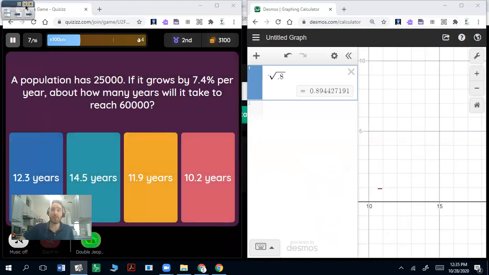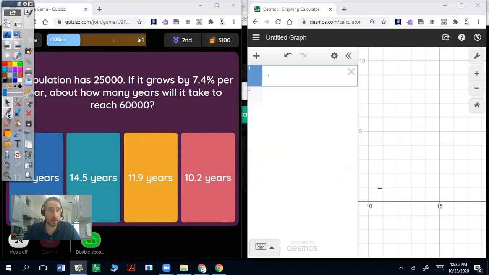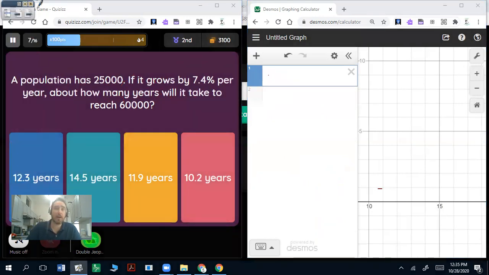A population has 25,000. If it grows by 7.4% per year, about how many years will it take to reach 60,000? Let's do it. So we got 25,000 people or insects. I don't know. It doesn't say what it is. It grows. So that's going to be 1 plus r.